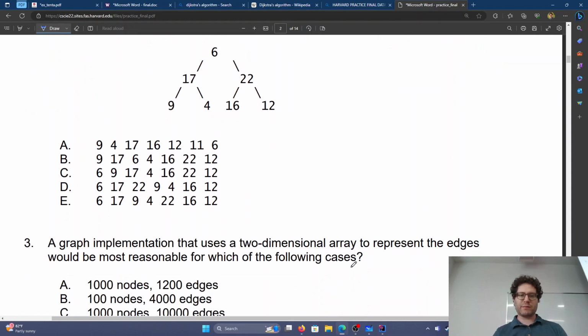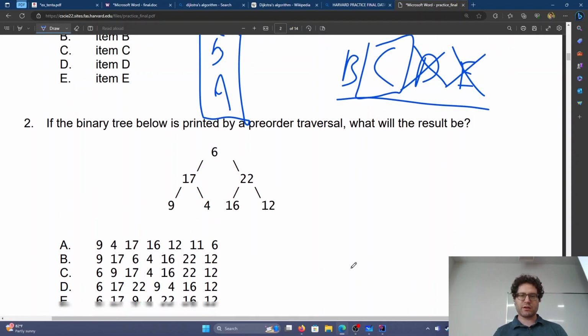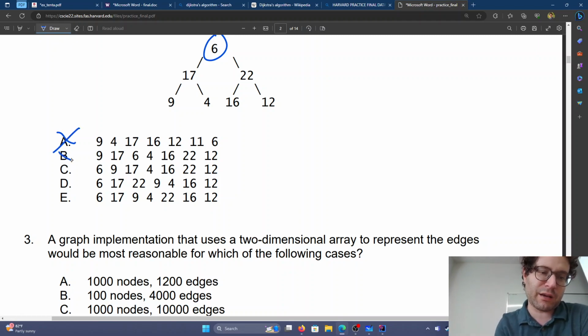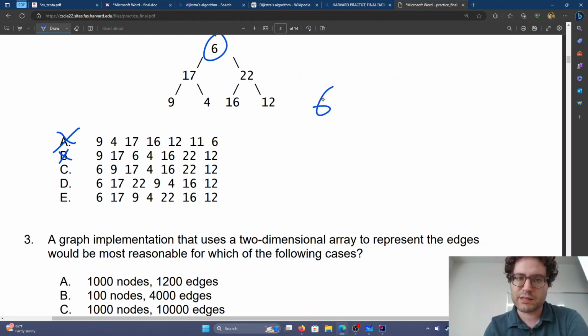If the binary tree below is printed in pre-order, what would the result be? Well, let's do it ourselves. Pre-order means that we process myself, process my left tree, process my right tree. So 6, then I would go to my left, which is 17. And 17 says, now that I've processed myself, process my left tree, then my right tree.